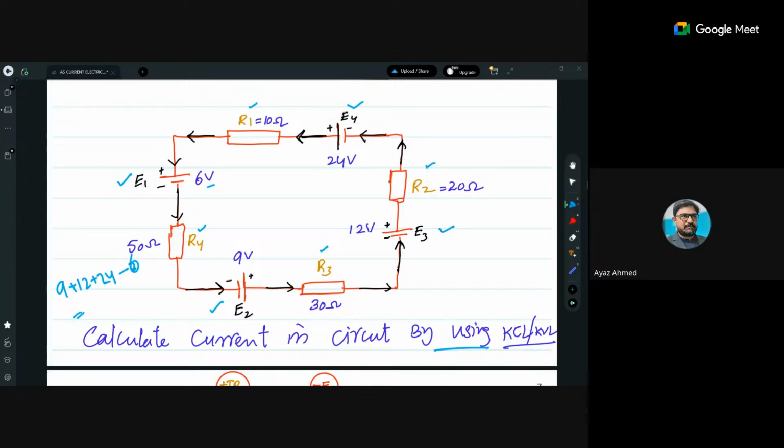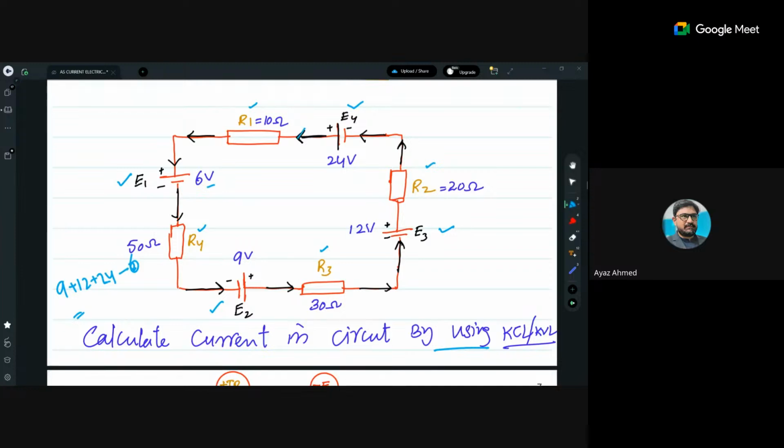And current will definitely be flowing in the direction where the batteries have greater impact. The batteries' conventional current is flowing from positive terminal to the negative terminal. So for this purpose we just select any single reference, the largest, yani the biggest voltage source here. The biggest voltage source I have is 24 volt.